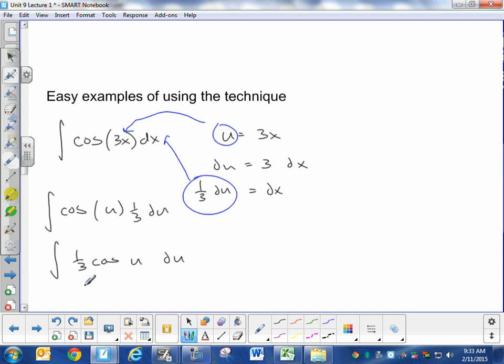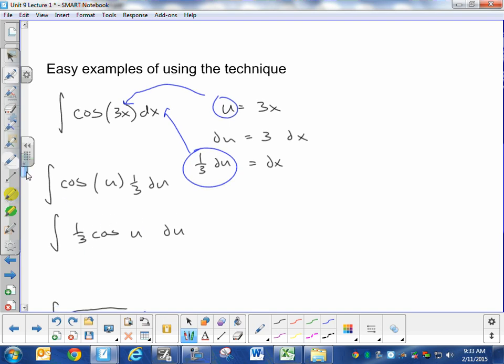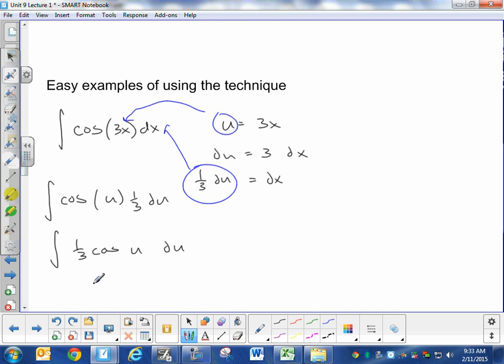Now, of this simpler function, I can take the antiderivative, which gives me 1/3 sine of u plus c. There's my antiderivative. And then, of course, I can sub back u in: 1/3 sine of 3x plus c. The same exact answer that you figured out, just using this technique.